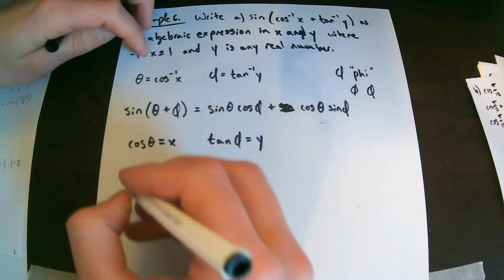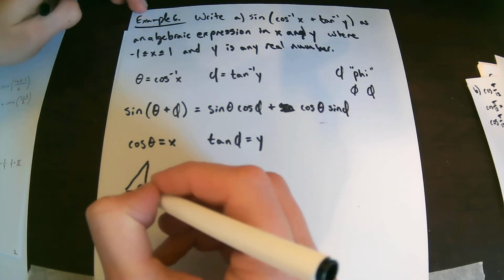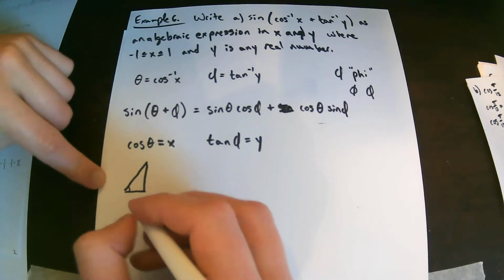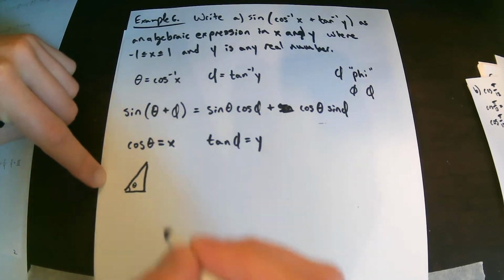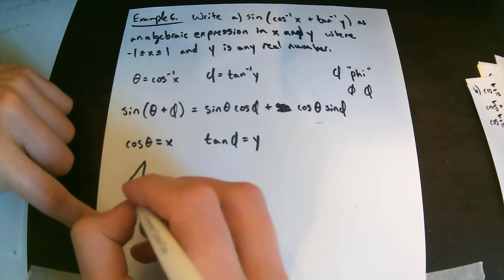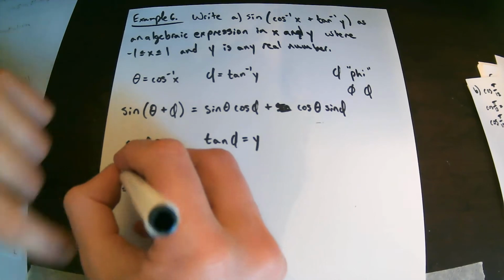But I can find that if I think about how this triangle looks. If this is theta right here, cosine is given as adjacent over hypotenuse. So my adjacent side must be x, and my hypotenuse must be 1.